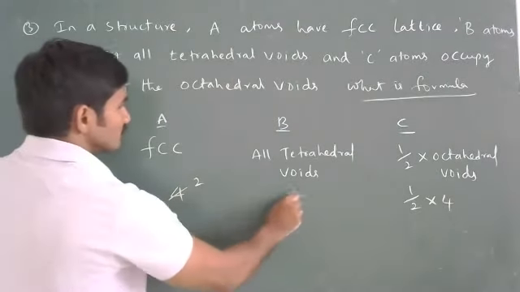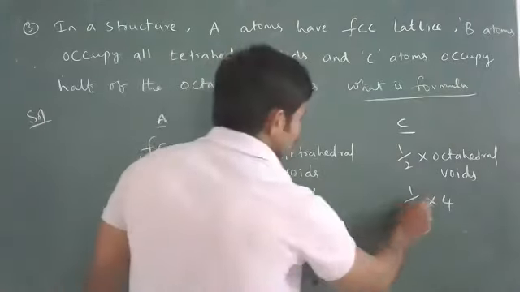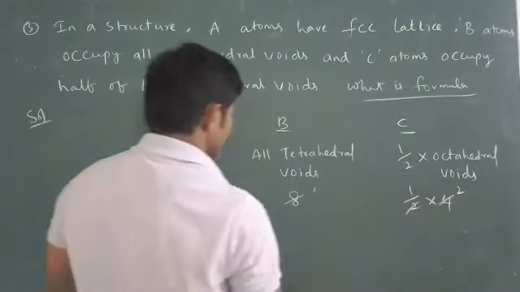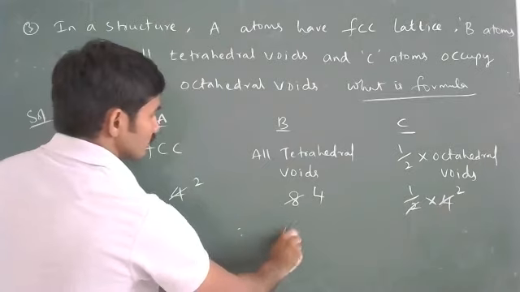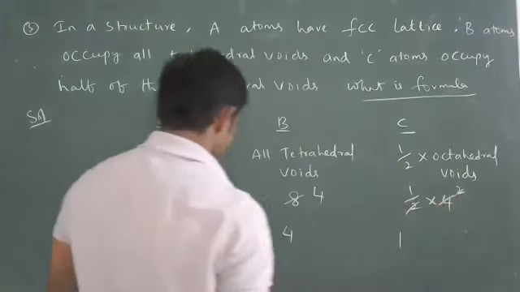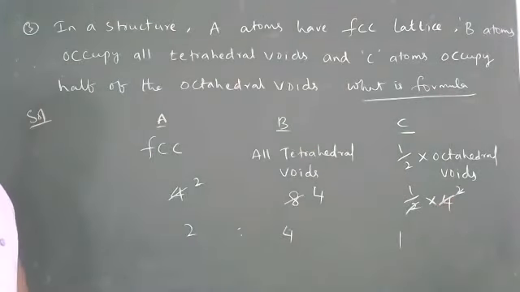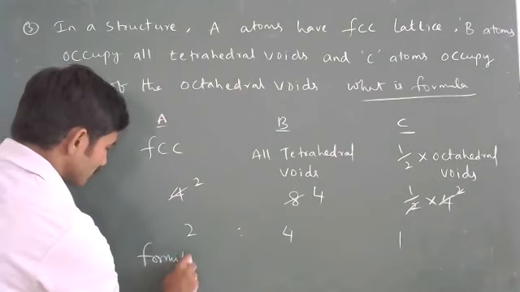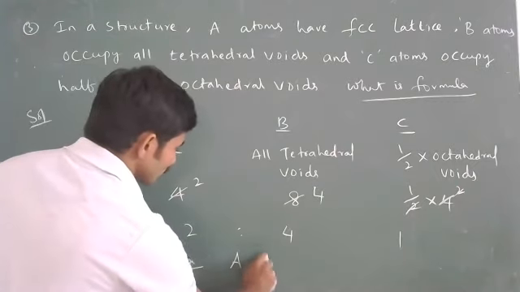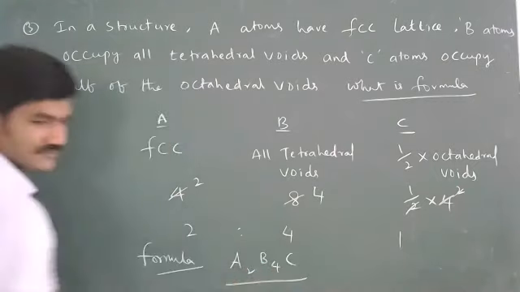Okay, cancel with 2. So 2:4:1. So the formula is A2B4C.